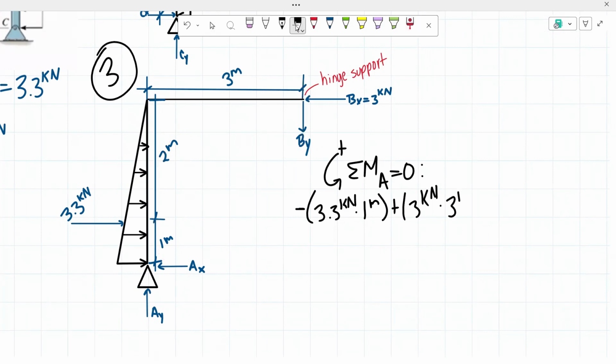So times 3 meters. And then from there, my reaction B sub y is going downwards, so it will be creating a clockwise moment, meaning a negative moment. We don't know the force, that's what we're trying to determine. And then we know that from here to here, there is a span of 3 meters. And we know that all of that has to equal 0.